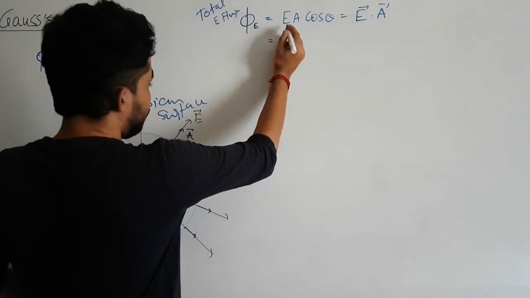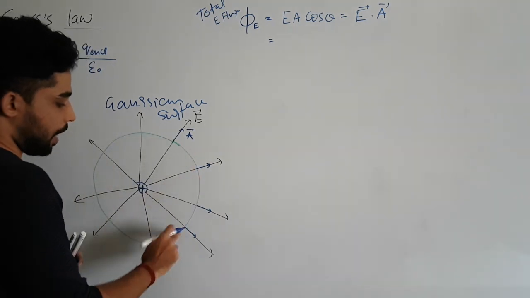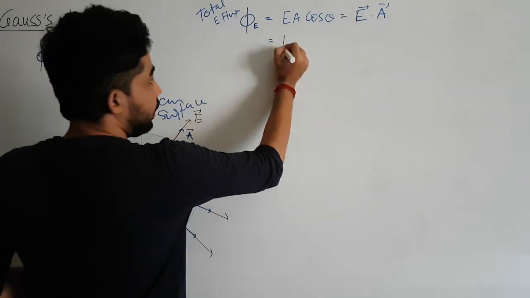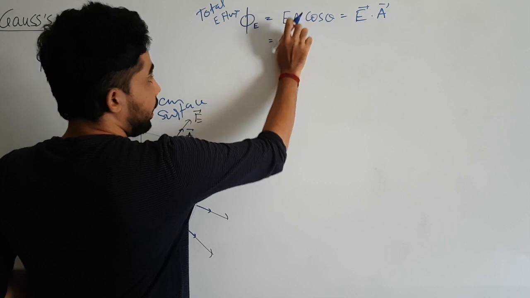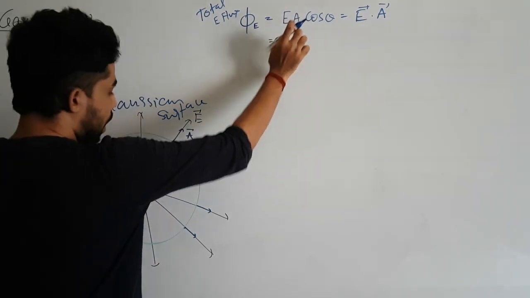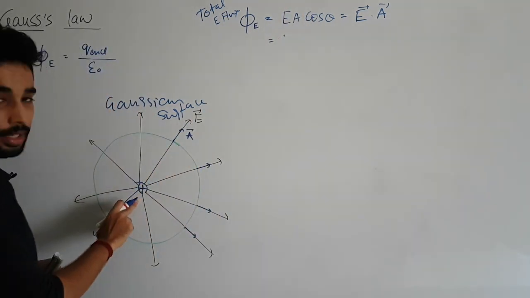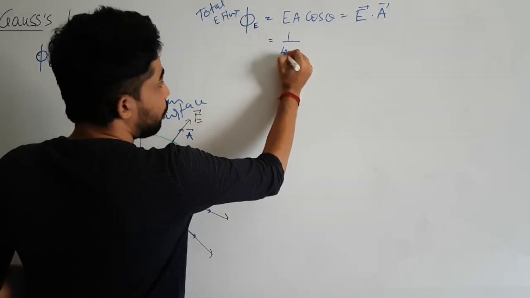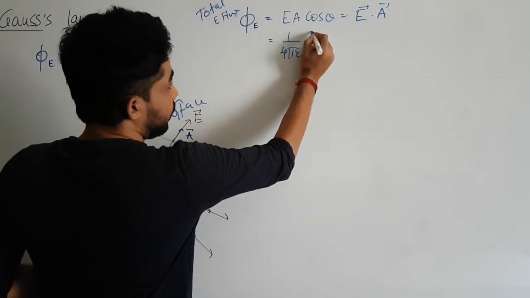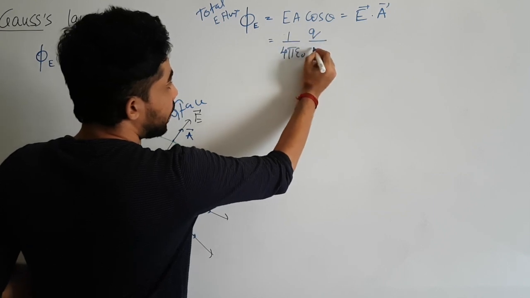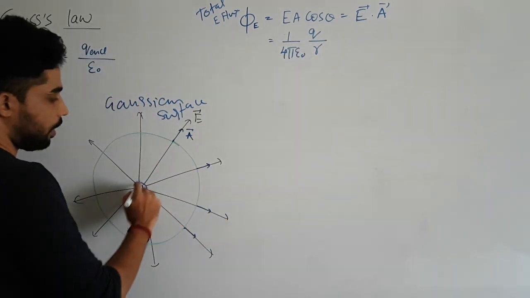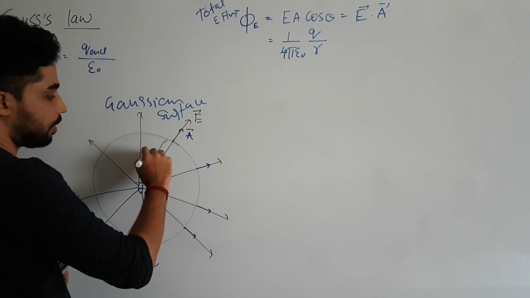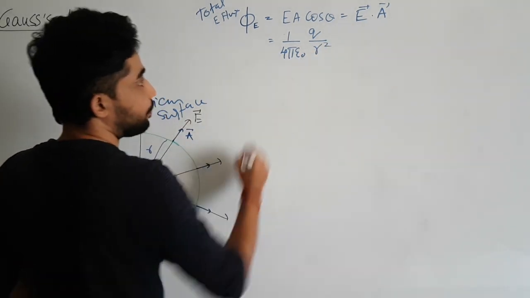Here, as you see, the electric field value will be the same at all the points, so E times A. The electric field due to the charge, this being a positive charge, as you know, is 1 by 4 pi epsilon naught Q divided by the distance squared. The distance is the radius of the sphere, so r square.